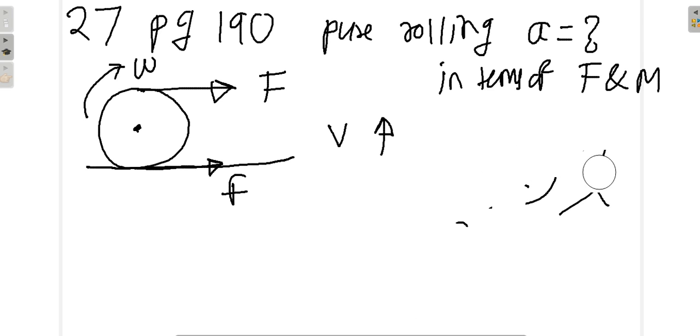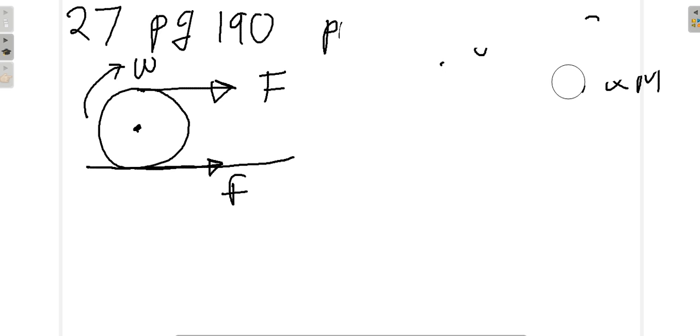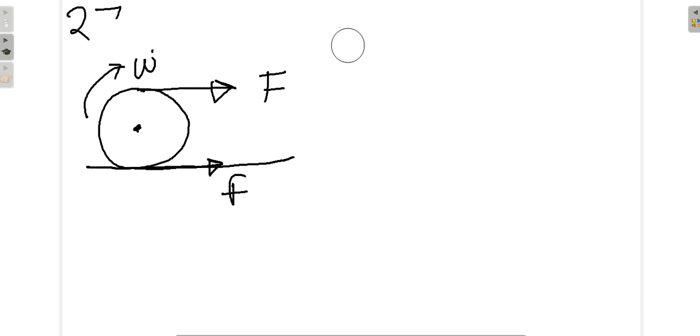Now we can apply D'Alembert's principle, and we can get the value of acceleration. What does D'Alembert's principle say? Sum of all the forces is equal to mass into acceleration.